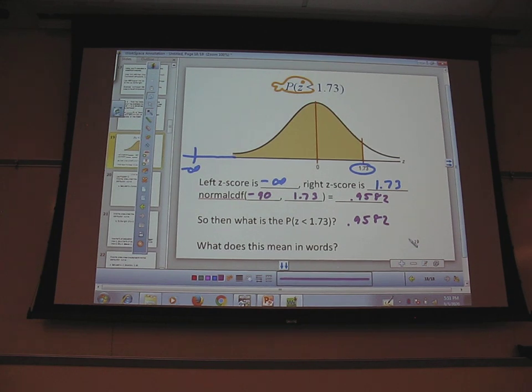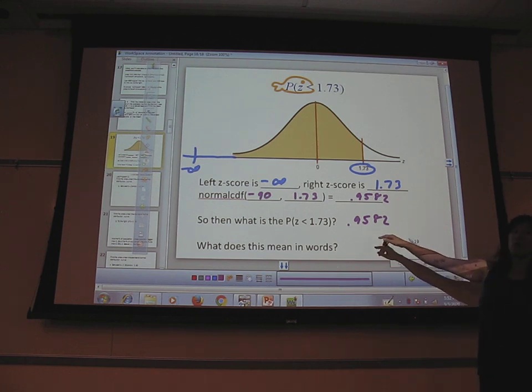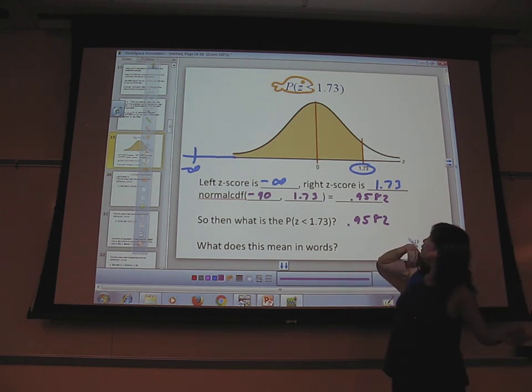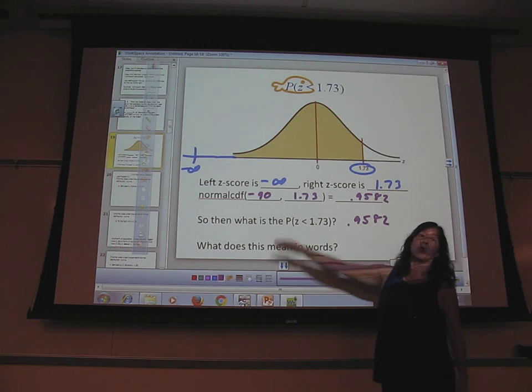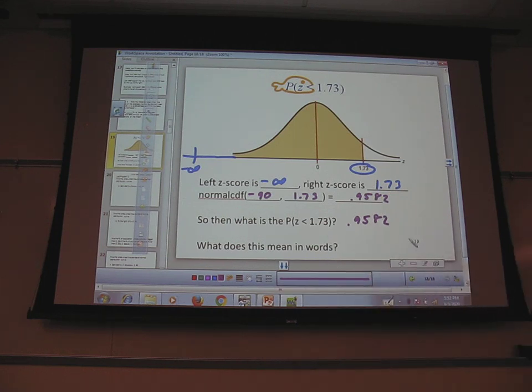Anybody? 95.82% of the population will be smaller than what? 1.73. Yeah, they'll have a z-score smaller than 1.73. Everybody okay with that part? Okay.